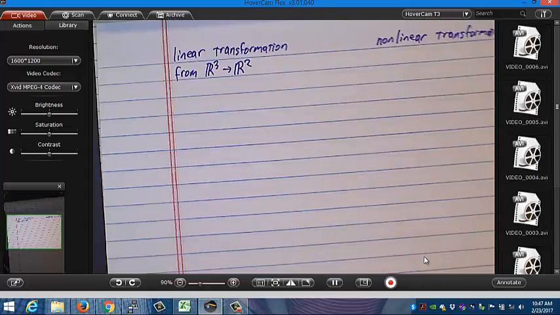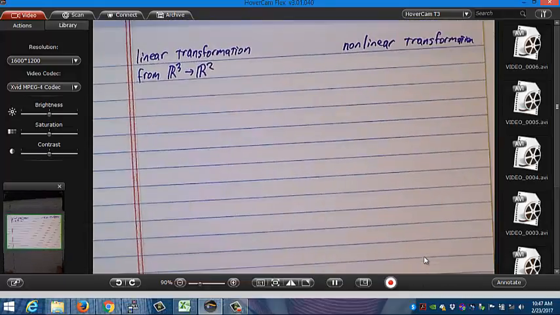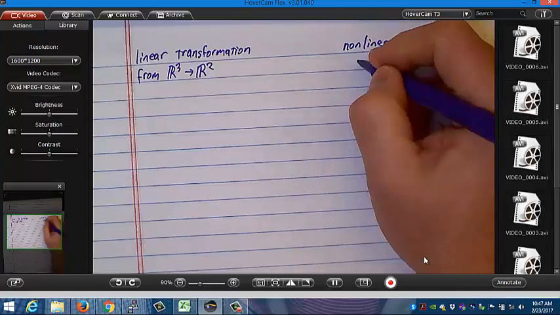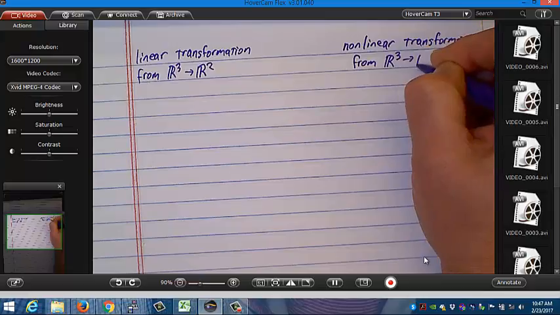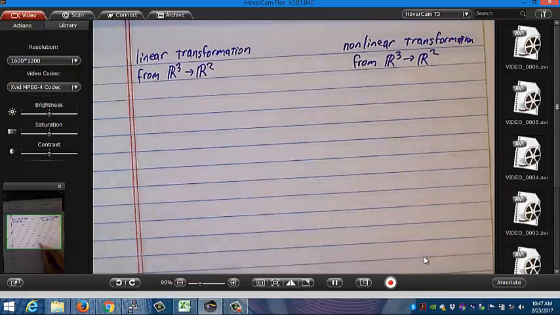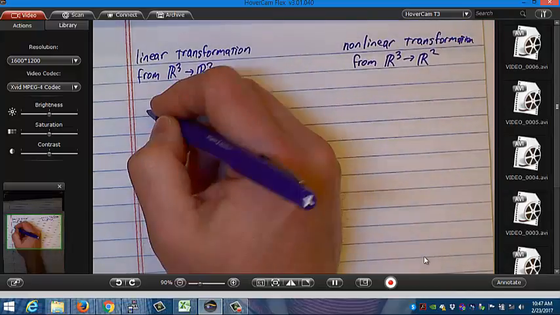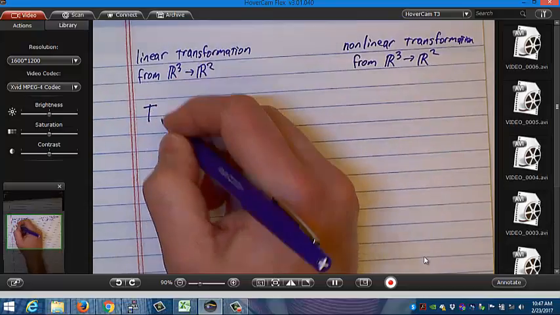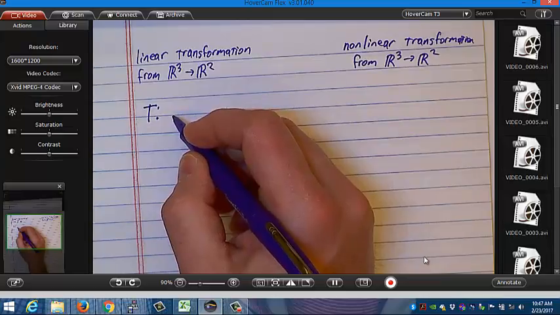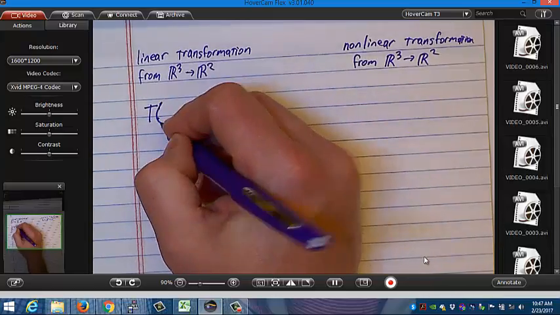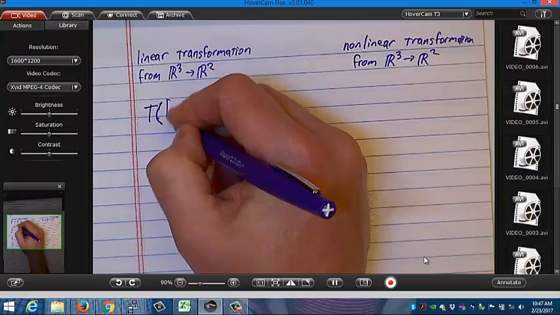So let's see. I want to give you an example of a linear transformation from R3 to R2, and an example of a nonlinear transformation from R3 to R2. So the linear transformation, I'm going to say this. T here is going to be, well, T of what? I need to give you something in R3.